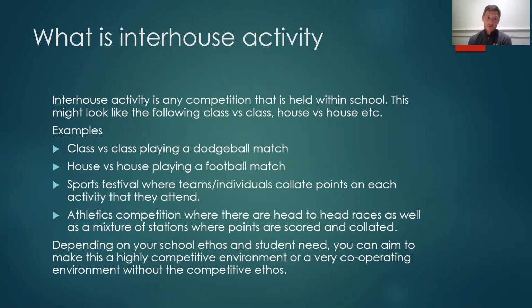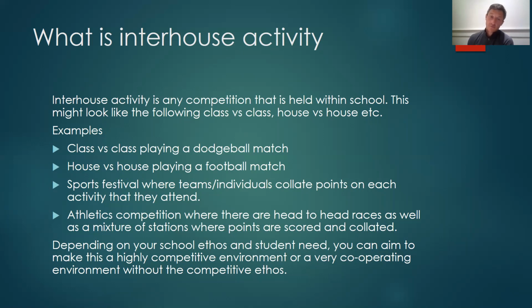And then you've got some slightly less direct competition, a little bit more indirect, where you might do something a little bit more competitive, like an athletics competition. Again, the students might go on a carousel basis from each activity to the next, compete for their house, score points, and then you might have that little bit of direct competition towards the end where they take part in some races and some relays.